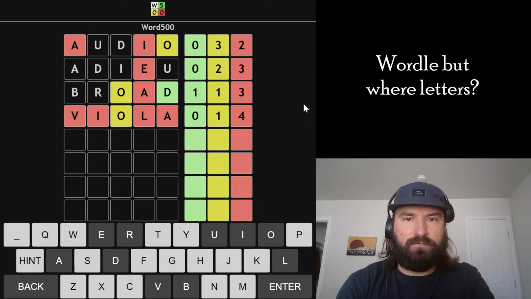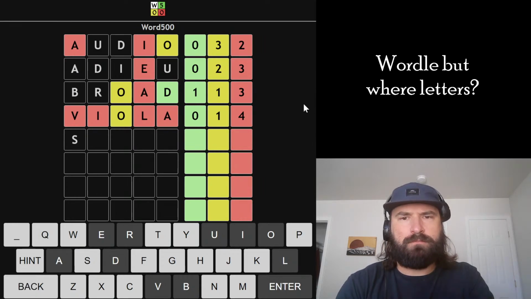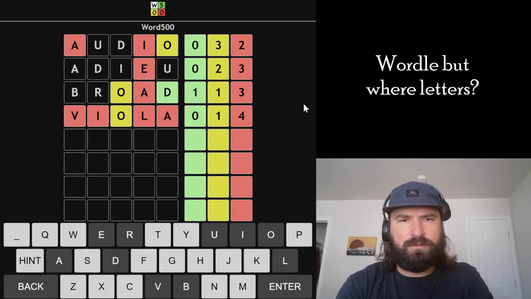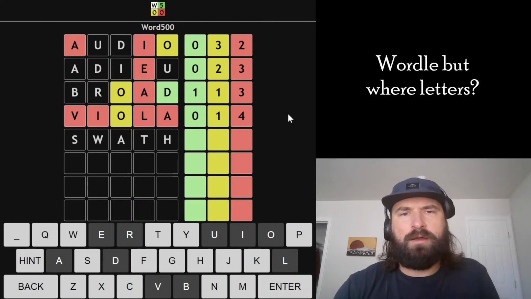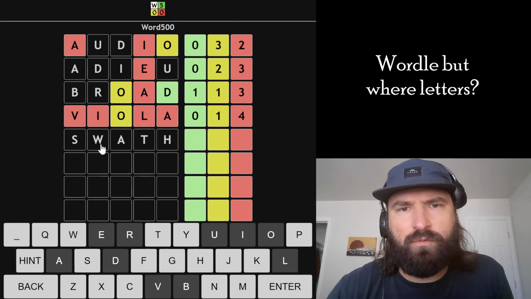I gotta do a filler immediately. Pound, sound, hound, wound. I want to do swamp, but that's too many letters. Pound, sound, hound, mound, wound.